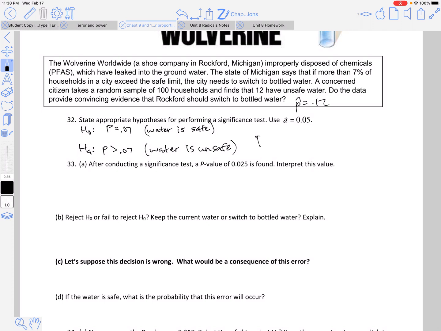Okay, so don't forget our p is going to be the true proportion of all households in this town of Rockford with unsafe water.